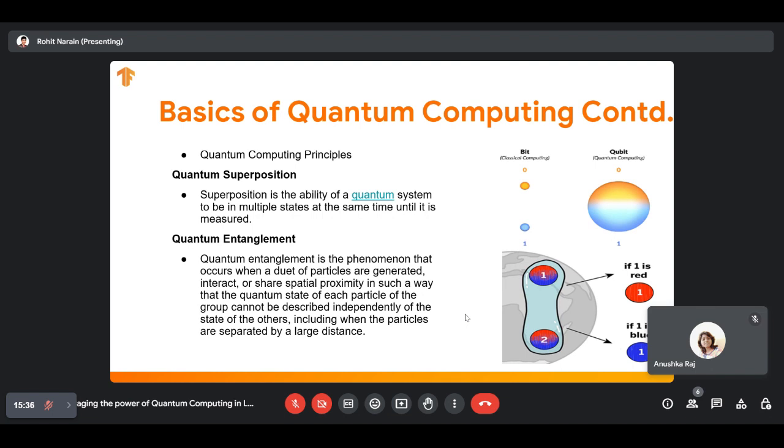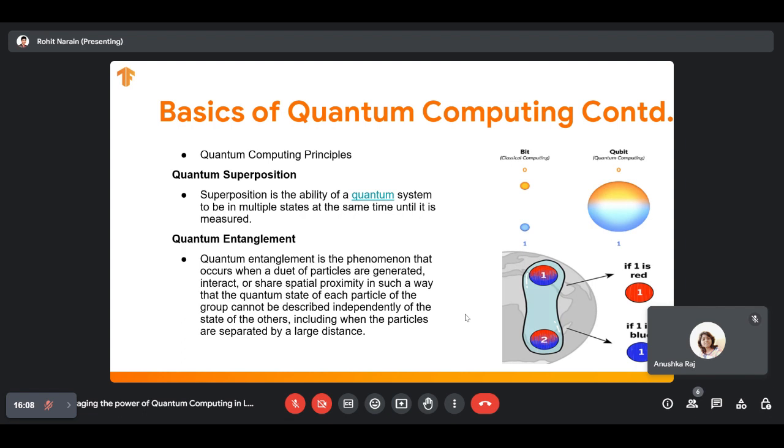But what if I say that when the coin is flipping in the air, before it falls on the ground, it is flipping in both states, 0 or 1, head or tail, both states simultaneously, until it falls on the ground. When the coin falls on the ground, then we come to a conclusion that a tail comes or a head comes. But before it has fallen on the ground, it was in both states.